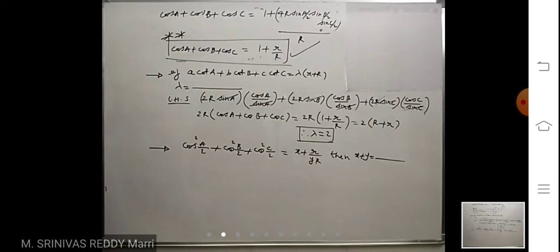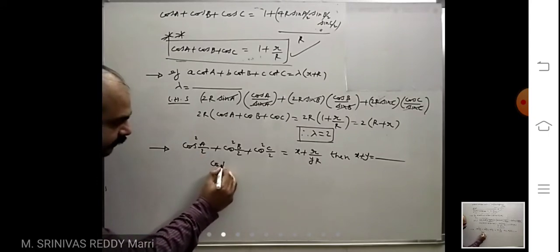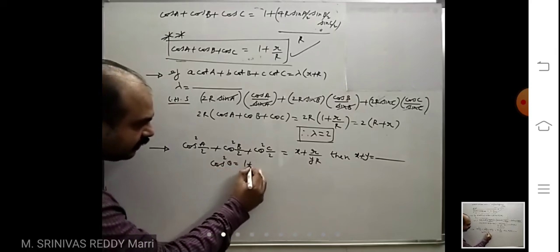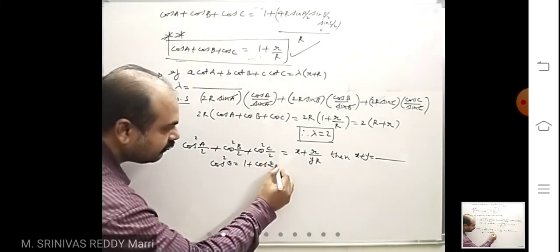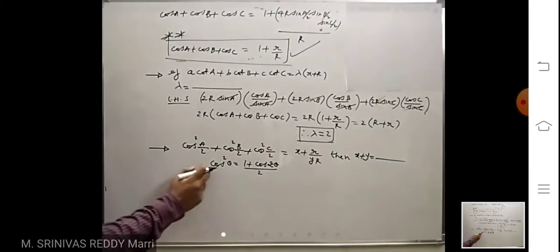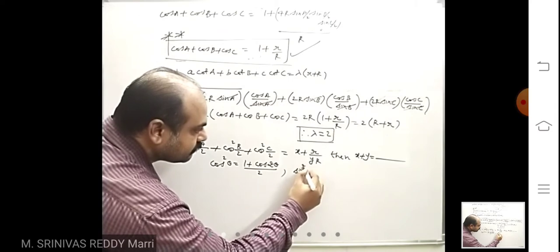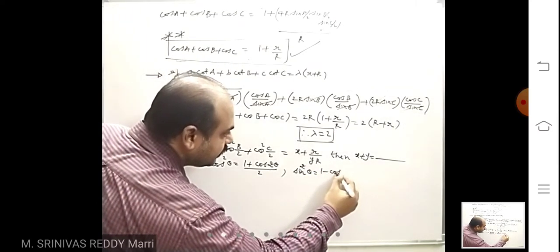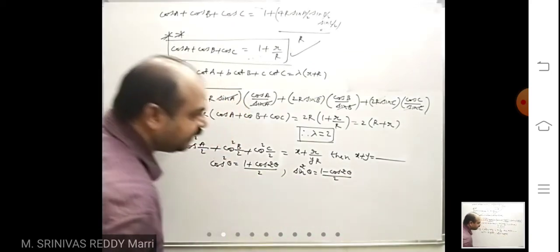Look at this one. Whenever cos square is there, for these types of problems, I have told how to eliminate the square. You have to write 1 plus cos 2 theta by 2. Whenever sine square theta is there, you write 1 minus cos 2 theta by 2.